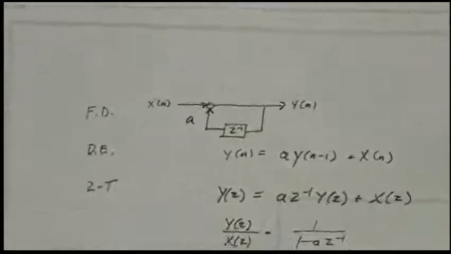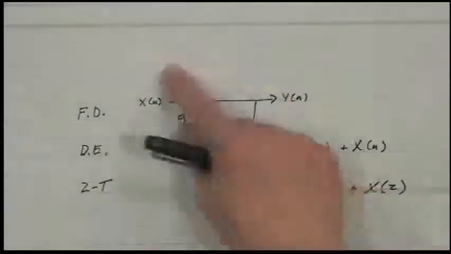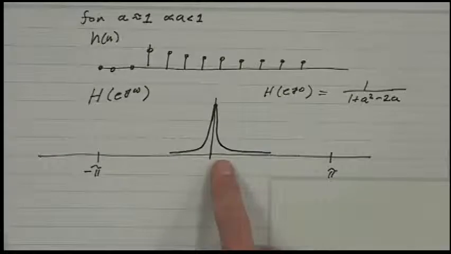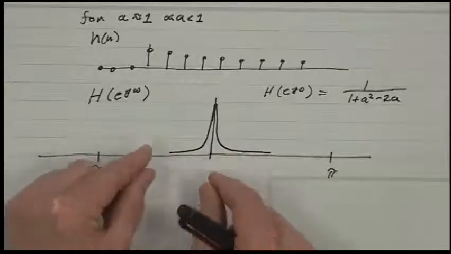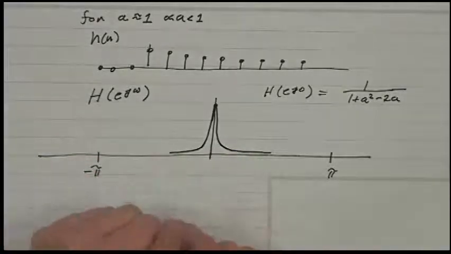So IIR filters, the reason people like them is because they can reduce computation to achieve the same frequency response. But the price you pay is that the design of the filter tends to be a lot more complicated, because your control of the filter response is indirect.